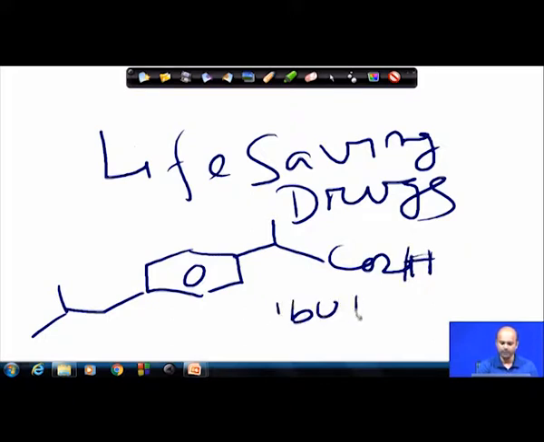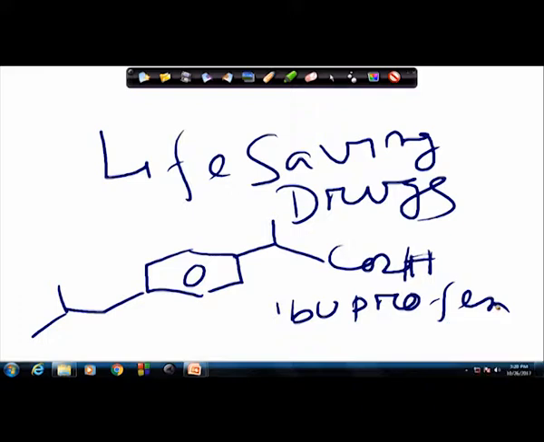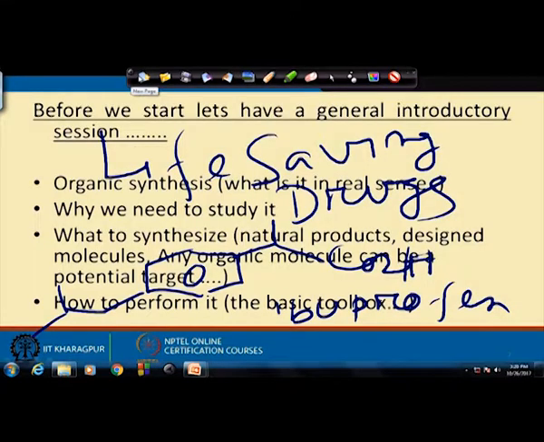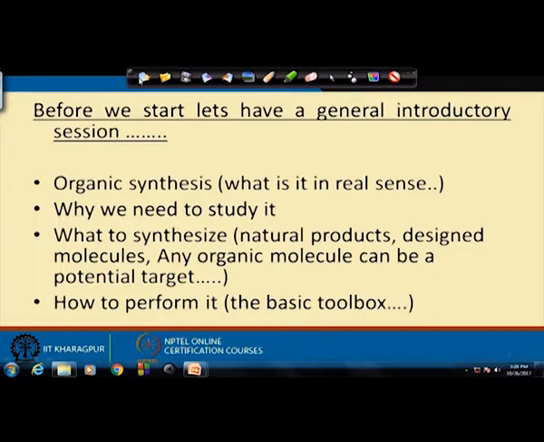Essentially, ibuprofen is an organic molecule, and being a chemist, you probably need to know how this compound is made. So, our next topic will be how you can make organic molecules in a relatively easier and efficient way.